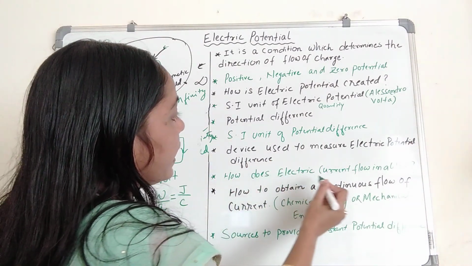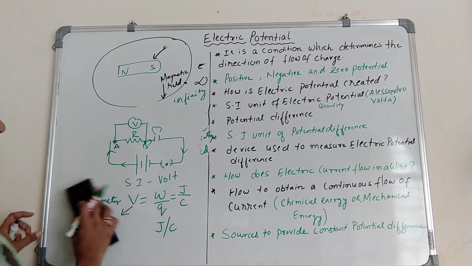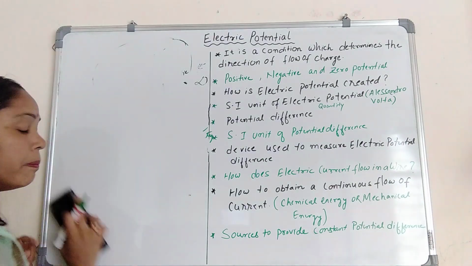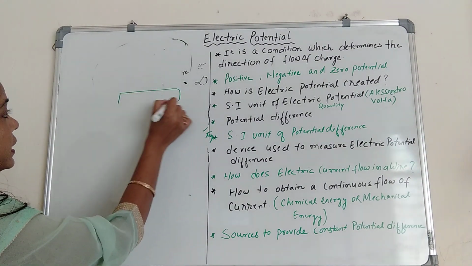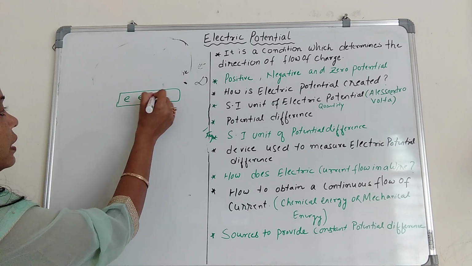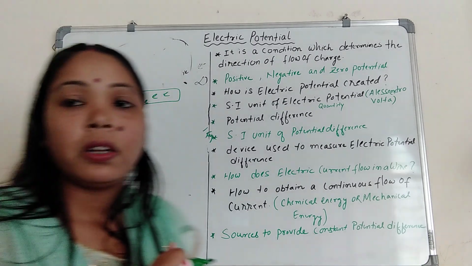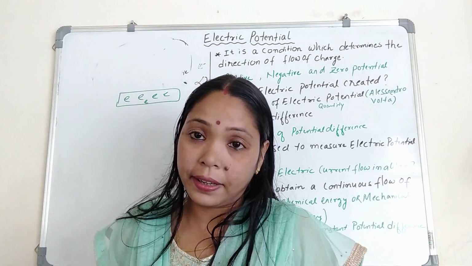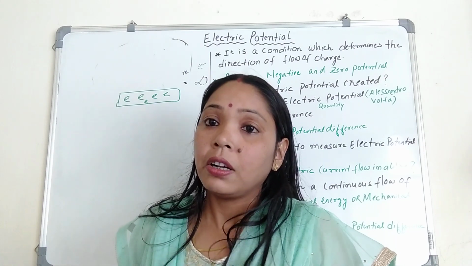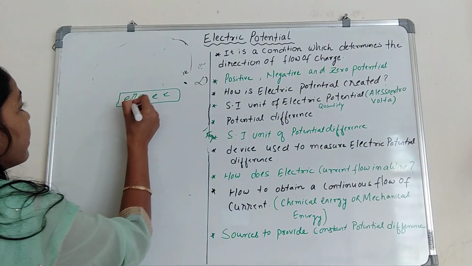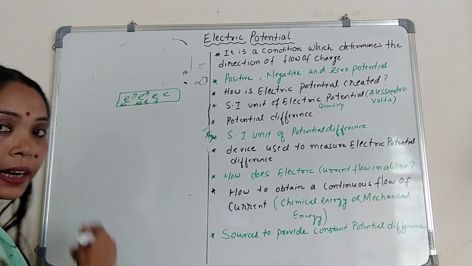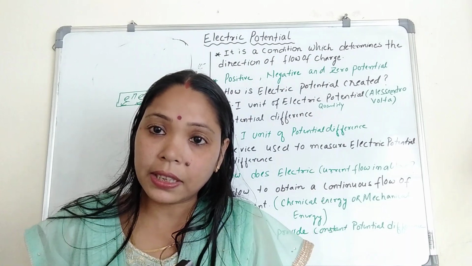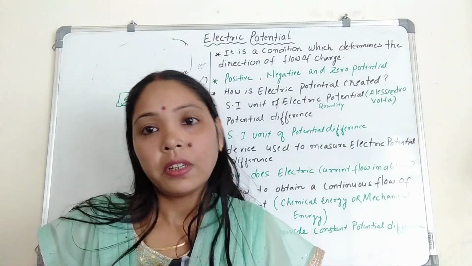Next, how does electric current flow in a wire? We know that a conducting wire has a number of free electrons. Suppose this is a conducting wire with free electrons. When you are not providing any source to move the electrons, they move randomly. As they move randomly, they cancel the effect of each other and there is no flow of charge.